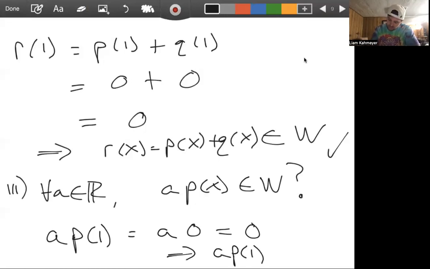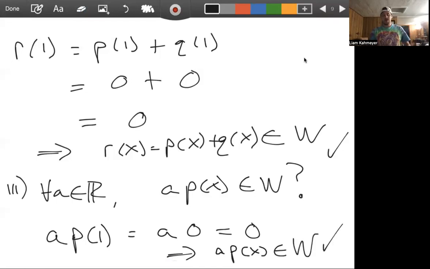So this implies that A P of X is an element of W. So this means it contains the identity element. We've seen it's closed under addition and closed under scalar multiplication. Therefore, W contained in P2 is a subspace.